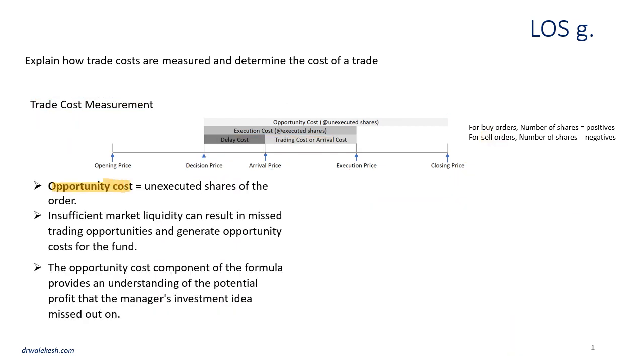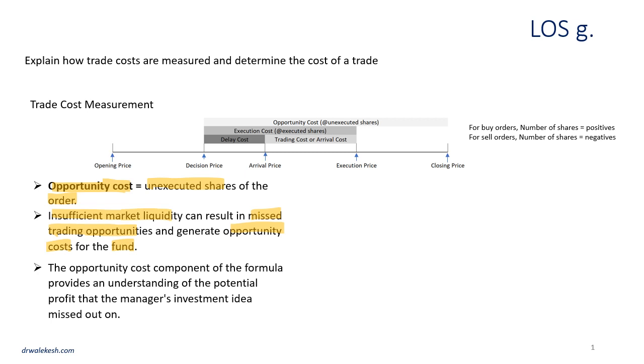Opportunity cost, just like we said, is the unexecuted shares of the order. So from the example I gave earlier, it is 2,000 that is unexecuted shares. Insufficient market liquidity can result in missed trading opportunities, and it will generate opportunity cost for the fund. So what does this mean?